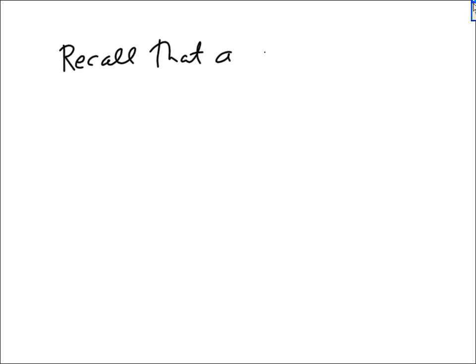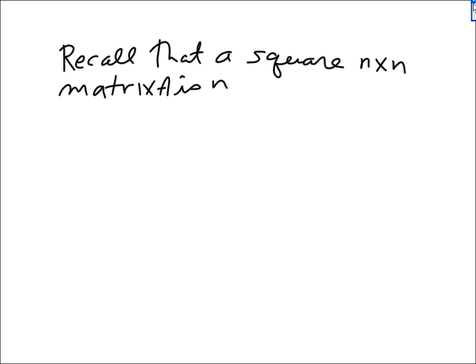We call that a square n by n matrix A non-singular, that is, it has an inverse, is non-singular if and only if A is equivalent to the identity matrix.